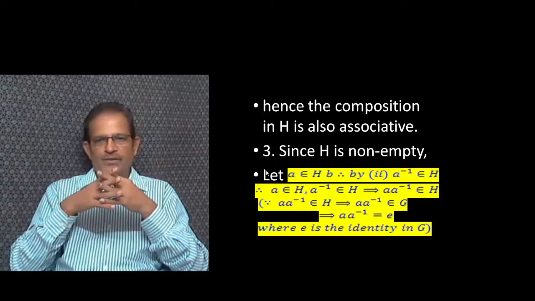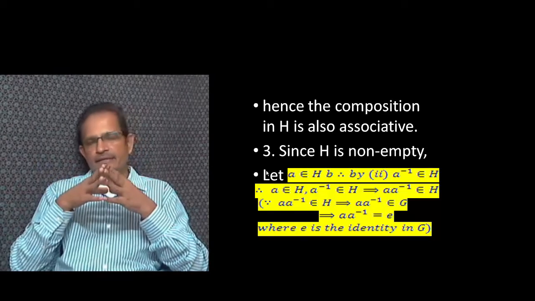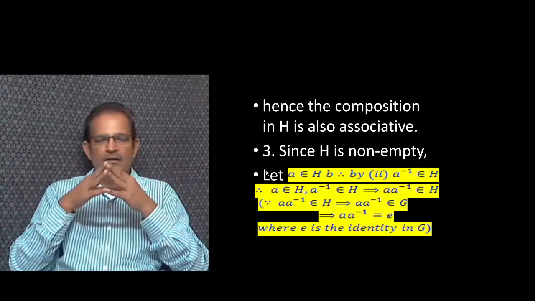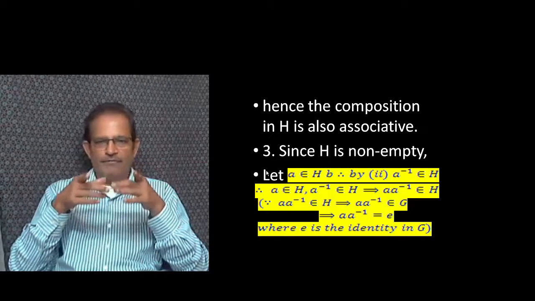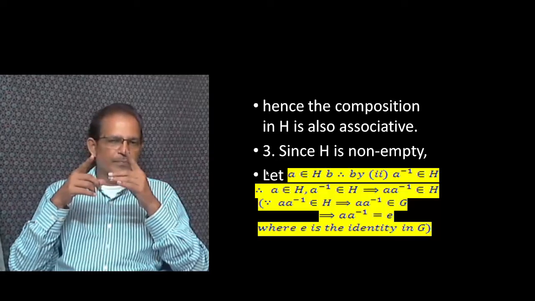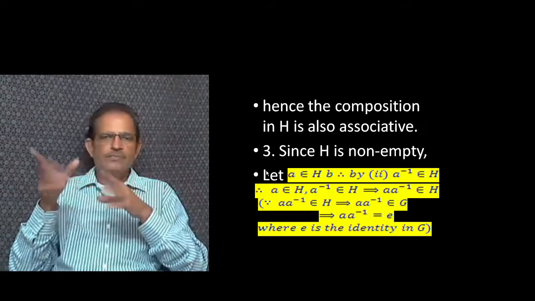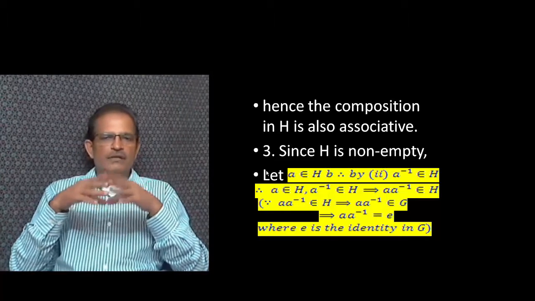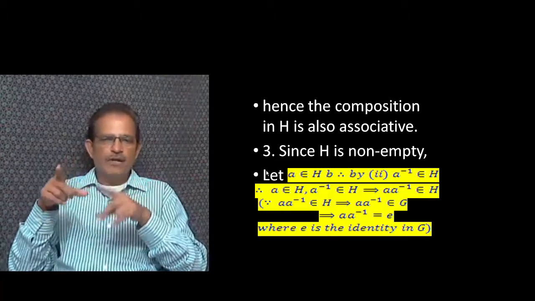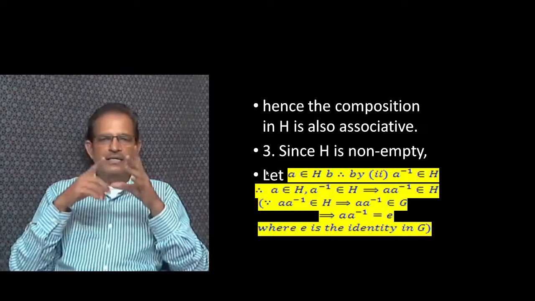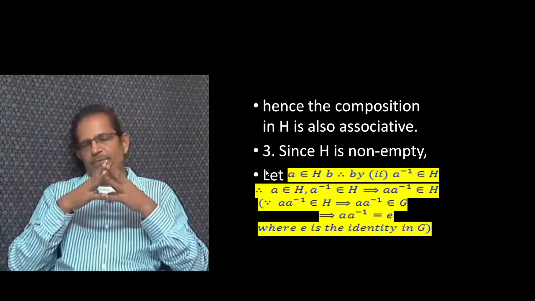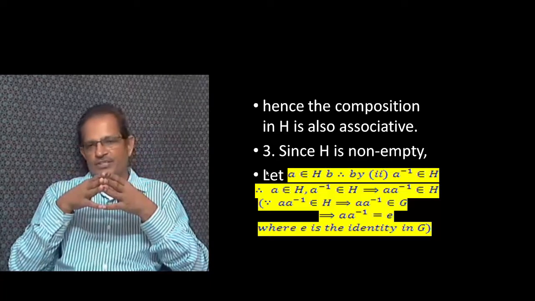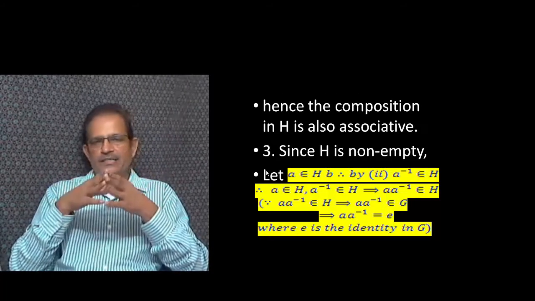3. Since H is non-empty, let A belong to H. Therefore, by property 2, A inverse belongs to H. Therefore, A belongs to H, A inverse belongs to H implies A A inverse belongs to H. Why? Because A is an element of H, A inverse is an element of H. So, A A inverse will be in H, by closure property.